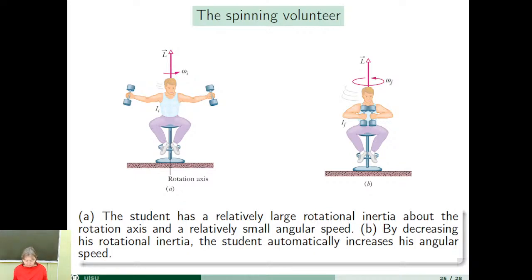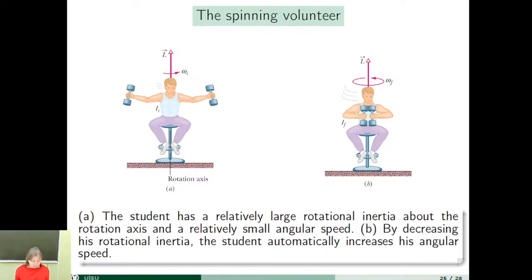Picture A shows a student seated on a stool that can rotate freely about a vertical axis. The student, who has been set into rotation at a modest initial angular speed, holds two dumbbells in his outstretched hands.